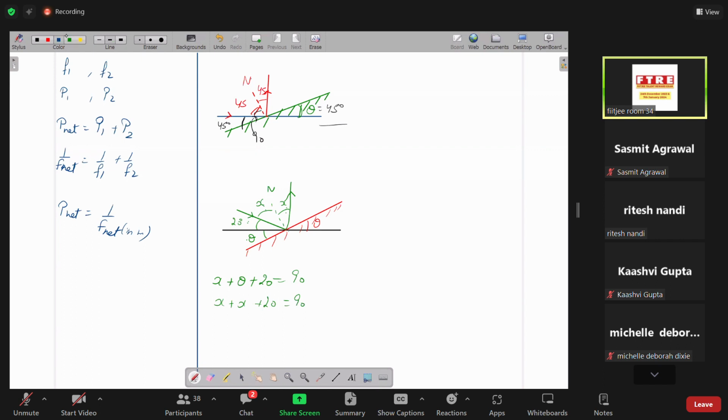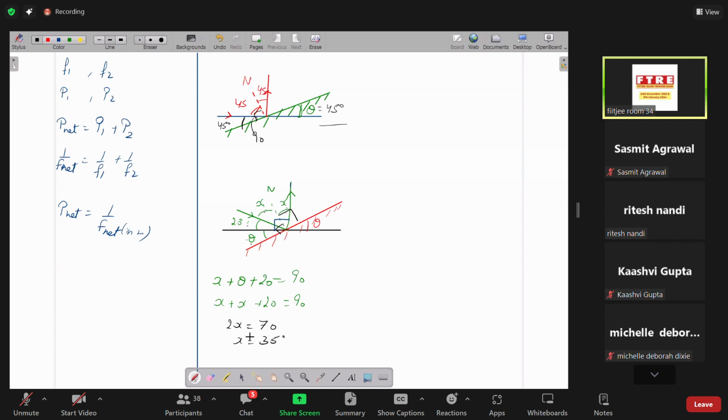How am I getting it? These are perpendicular to each other, vertical and horizontal. So x plus 20 is 90, and also the normal is perpendicular to the plane mirror. Like this, so this angle is also perpendicular. So x plus 20 plus theta is 90 degrees. Now you can solve. So we get 2x equal to 70, or x comes out to be 35.